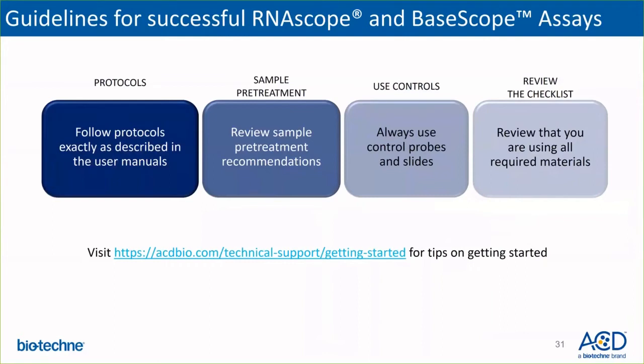The pretreatment conditions will differ from sample type to sample type and may require some optimization. Using controls is highly recommended, especially when you are troubleshooting your assay. And lastly, it is critical to make sure that you have all the components required to run the assay before you begin your assay.